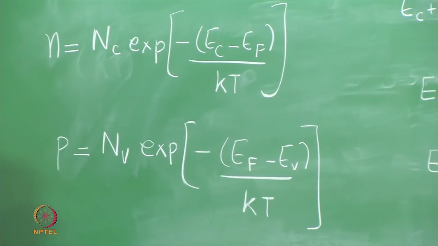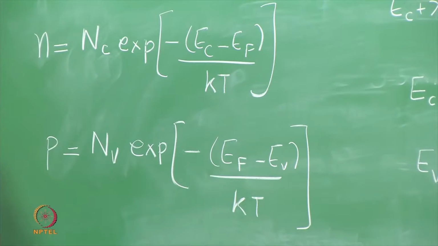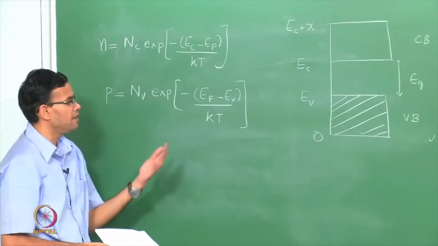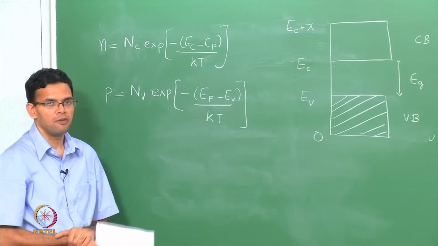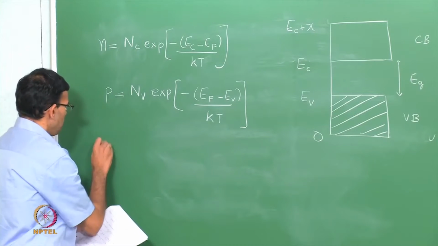In last class we went ahead and multiplied these two terms in order to eliminate EF. To calculate the value of EF, that is where the Fermi energy is located in the semiconductor, let us just equate N and P.